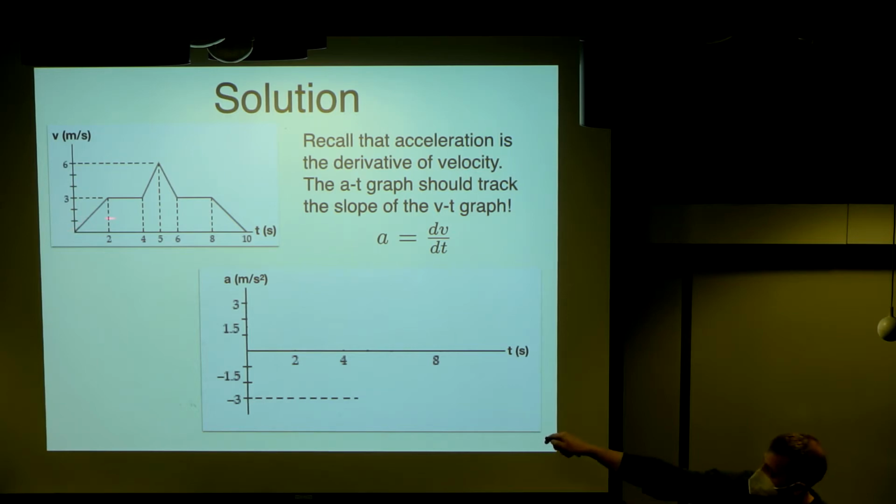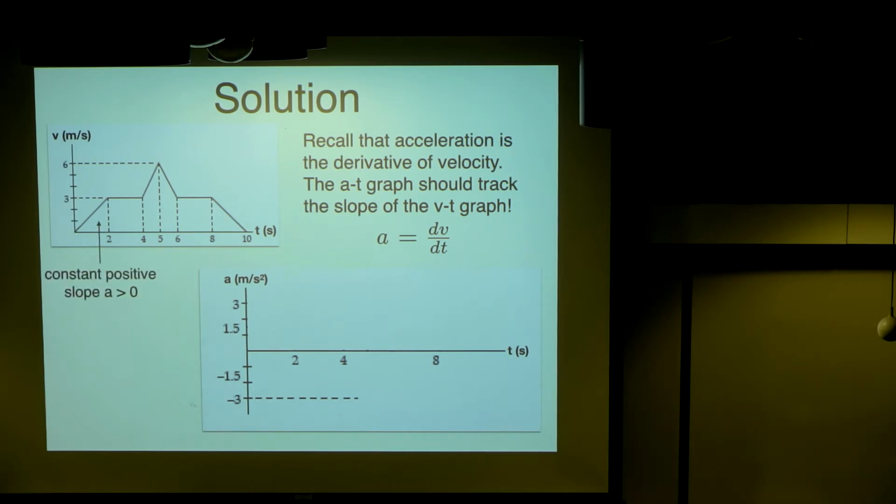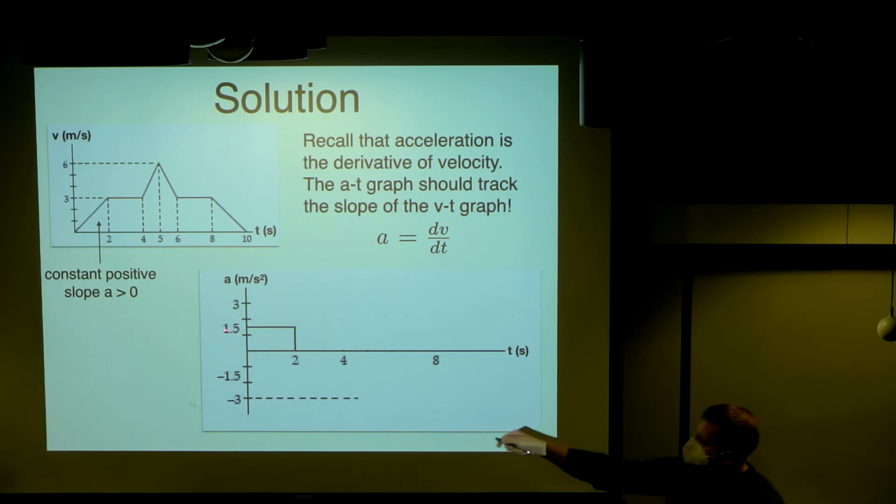No, because it's just a constant slope. If you have a straight line on a graph, the slope is just staying the same, okay? So we should have a positive acceleration at first, which is constant. So I'll draw that. I have a constant acceleration, which is positive. That's what I'm showing here.